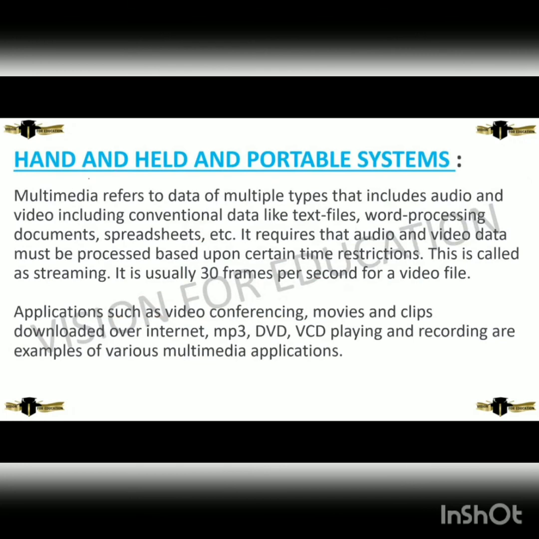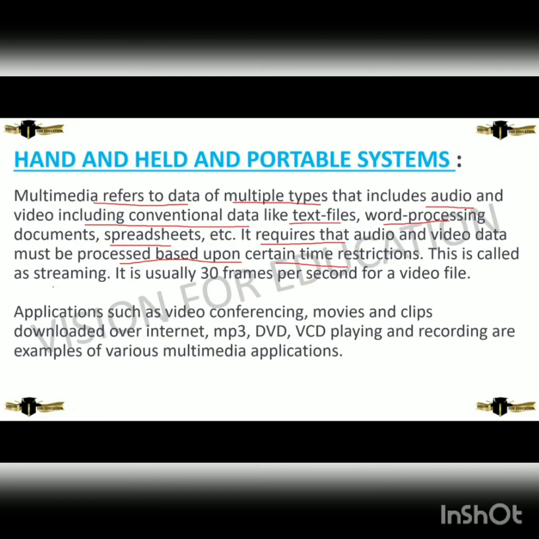What are handheld and portable systems? Multimedia refers to data of multiple types that includes audio and video, including conventional data like text files, word processor documents, spreadsheets, etc. It requires that the audio and video data must be processed based upon certain time restrictions.